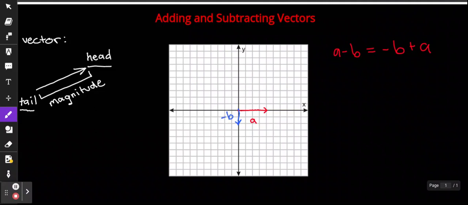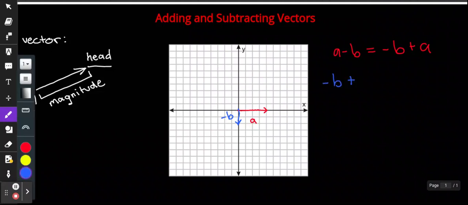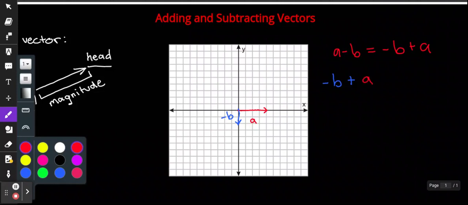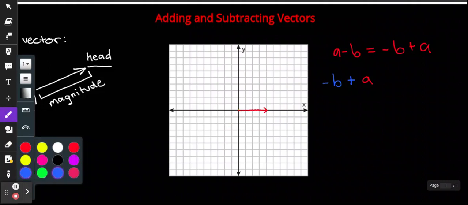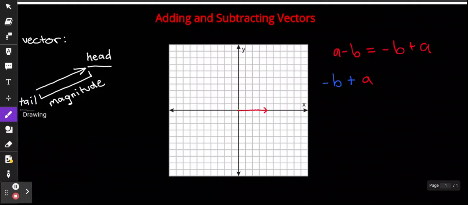So now using our end-to-end method, we're going to have to do negative b plus a. So I'm going to start off with red again, and I'm going to redraw negative b. From the head, I'm going to draw it down 2 units.